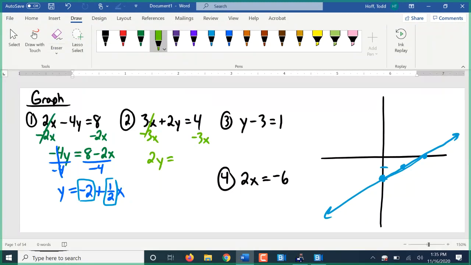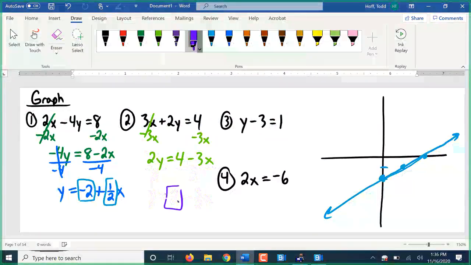On the right side, 4 minus 3x is just that, 4 minus 3x. Goes on there.